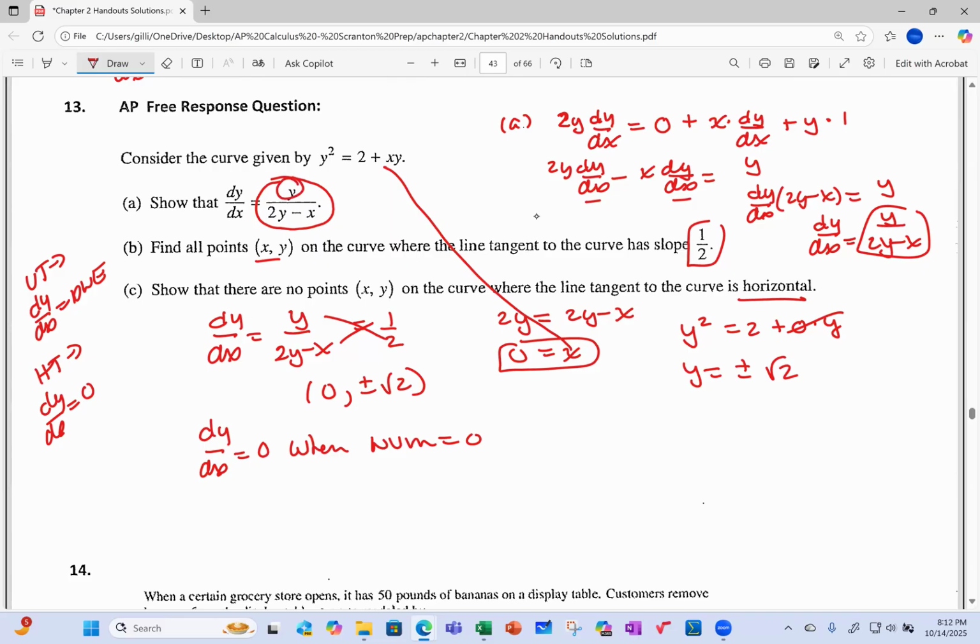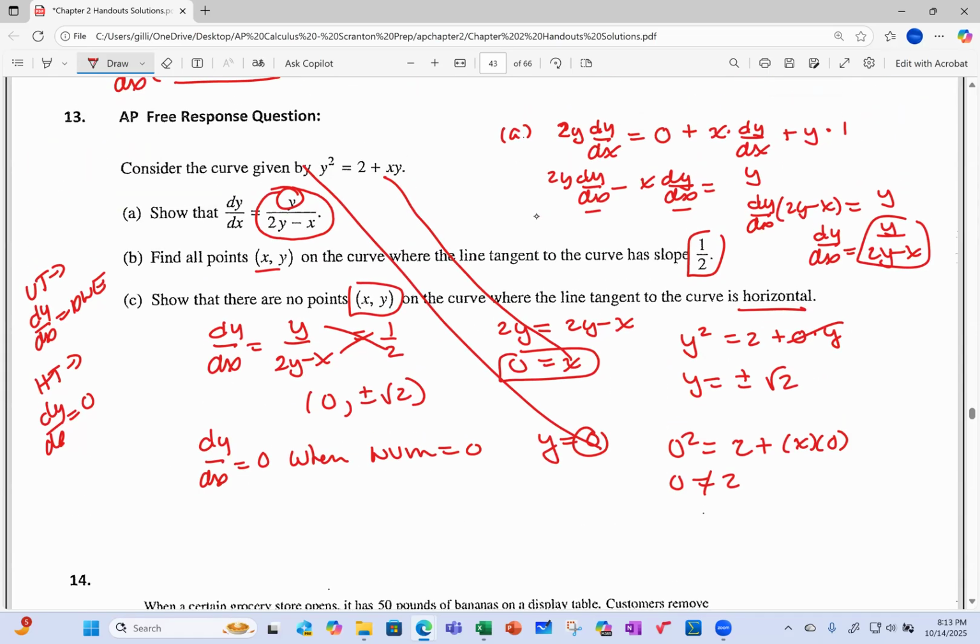And for that to happen, y would have to be equal to 0. But we're to show that if y has to be 0 to be horizontal, no such points exist. So what do we do? Replace y with 0. And notice, does 0 equal 2? No. So therefore, no such points exist where the tangent line is horizontal.